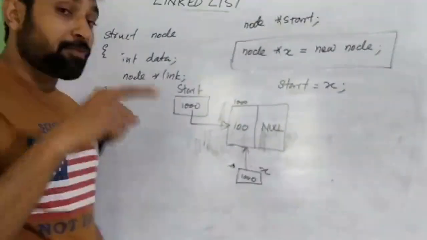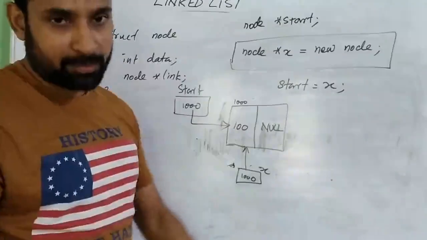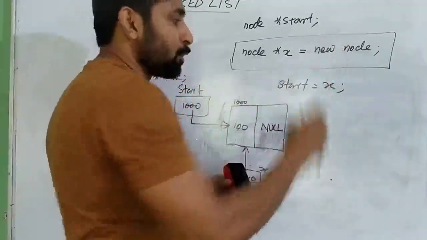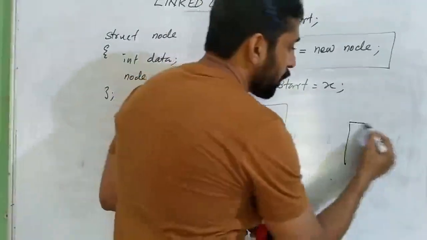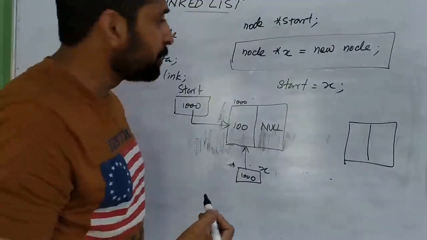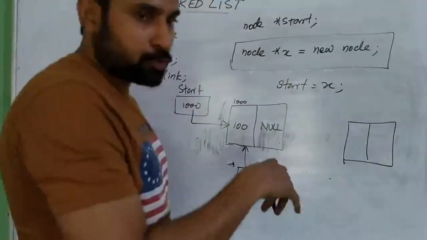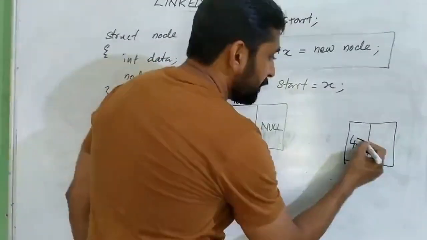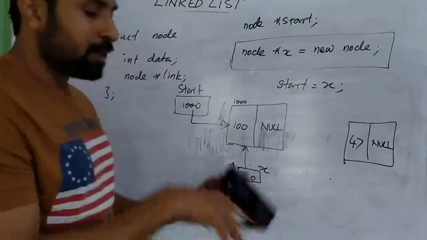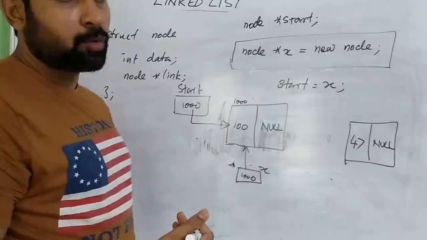If it is not the first node, suppose we are going to create another node, the same procedure: node *x = new node. What happens? Another block of memory will be reserved from memory. Right? Now assign values. Let this be 47 and we make the link null. So if it is not the first node, what is the thing that we have to do?